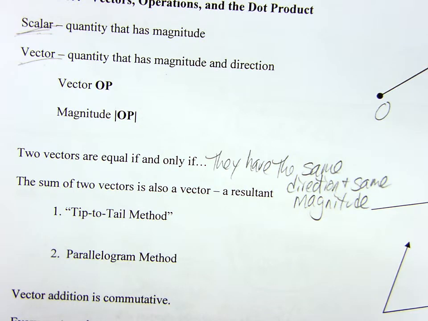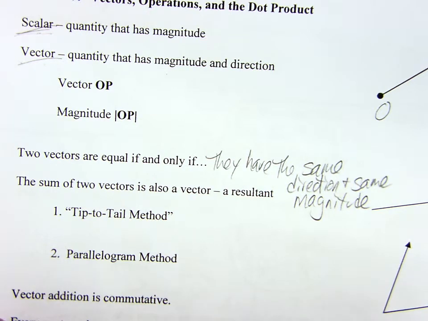So for example, if I drew a vector representing me driving 50 miles per hour north, and then I drew a vector for someone else driving 50 miles per hour north. Since we're going the same speed or magnitude in the same direction, those two vectors would be the same. So I'd literally have two identical arrows. The length of the arrow is important because that indicates your magnitude, how long it is.